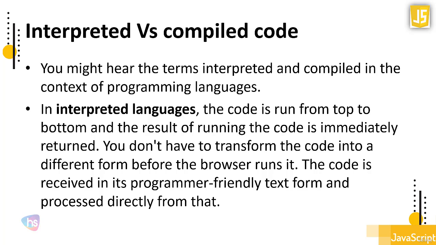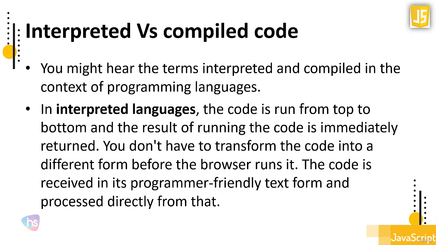Now let's see interpreted versus compiled languages. How is the code going to be run with JavaScript? You might hear the terms interpreted and compiled in the context of programming languages. On your journey with a programming language, you may hear about how we are able to see the output.